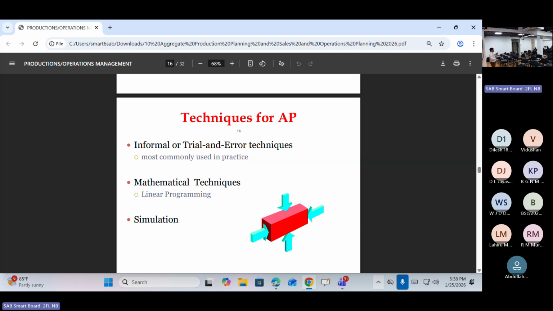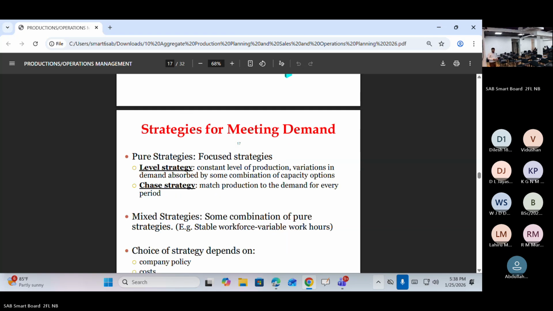Clear? So in our class, we just try to identify the first technique, trial and error, just to get an idea, but be aware that there are advanced techniques like this also. We'll come to know when you start working. Right. Is that clear?